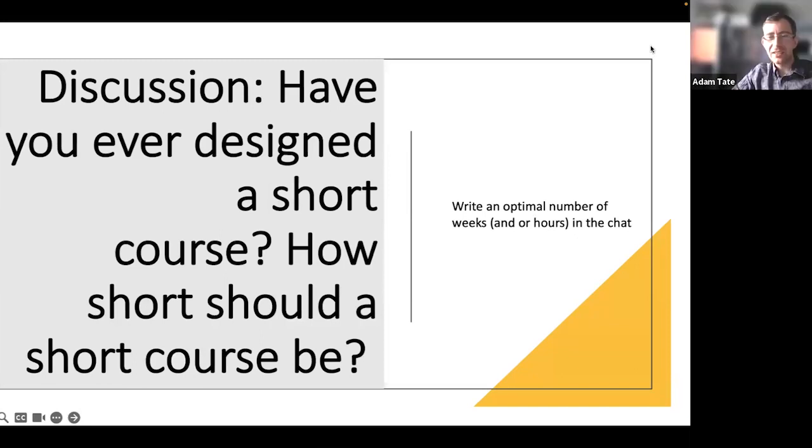So Eva says she thinks a short course should be 4 to 6 weeks. Beth says one that's nominally 10 credits, so 100 hours. Okay. So those are contact hours? Oh, good question. So maybe, Beth, is that contact hours, or would that be total learning?